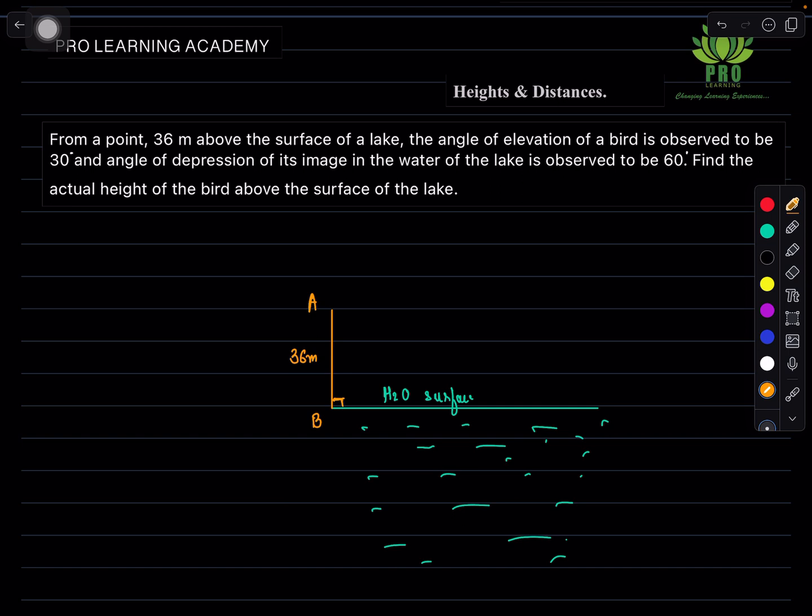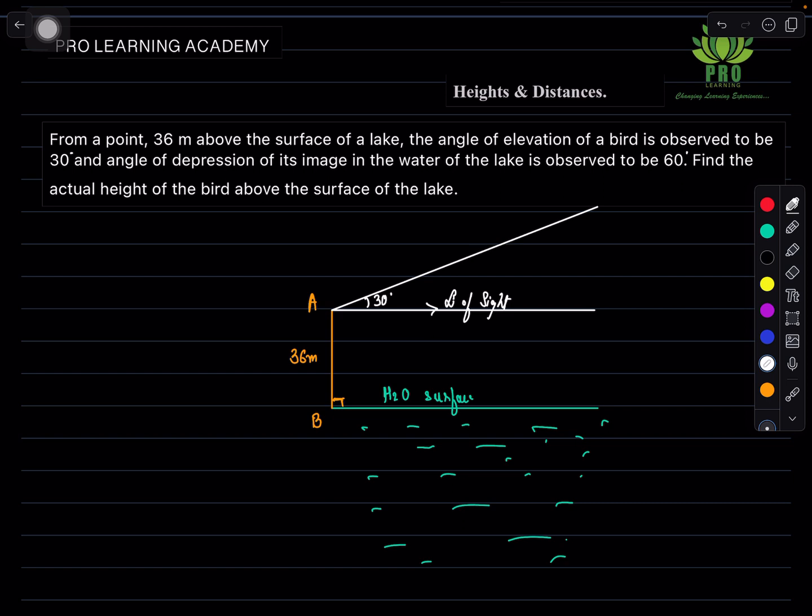So from point A, if we consider this as the horizontal, which is our line of sight, at 30 degrees the bird is spotted. So we make 30 degrees here.